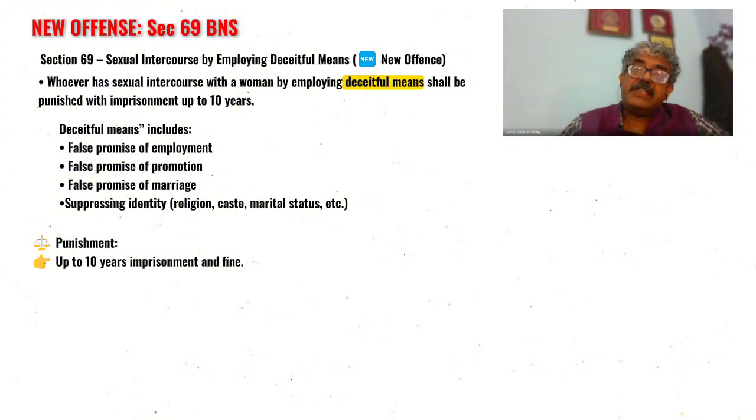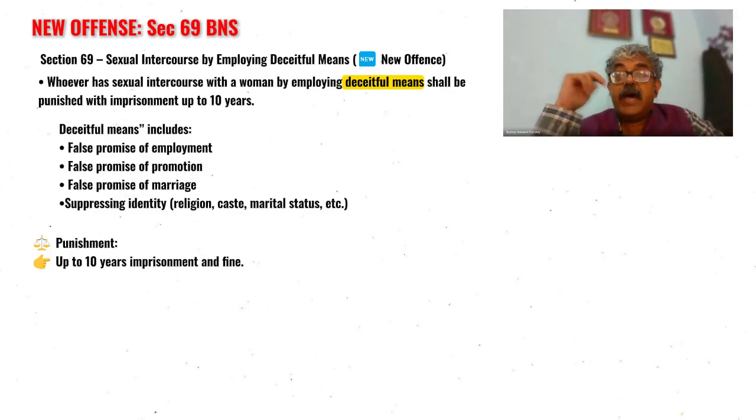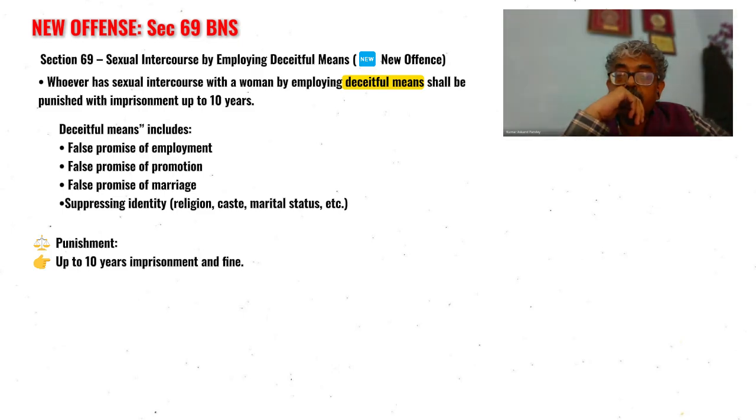I must emphasize here that sexual intercourse by employing deceitful means, especially on account of a false promise of marriage, has given many anxious moments to the constitutional courts.